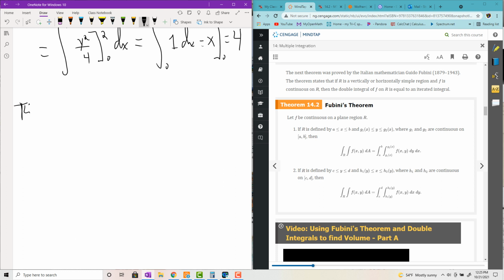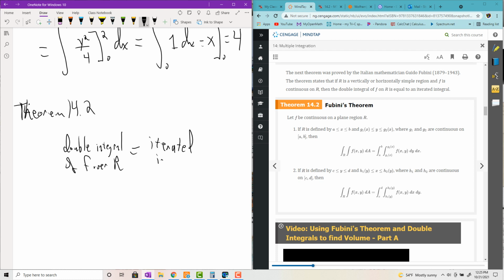So theorem 14.2: the double integral of f over R is equal to the iterated integral from 14.1.